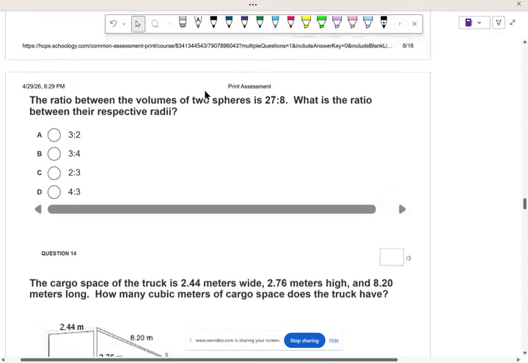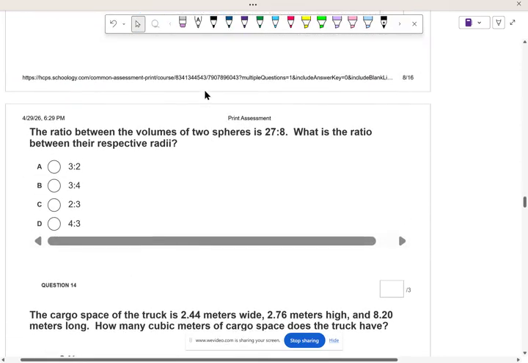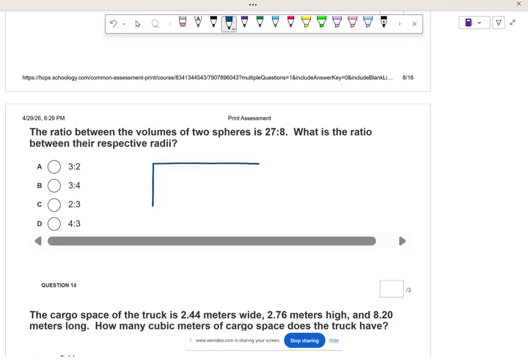All right, number 13. The ratio between the volumes of two spheres is 27 to 8. What is the ratio between their respective radii? Okay, so we need to make a table. And the table for a sphere, which is three-dimensional, would go scale factor, area, and volume.